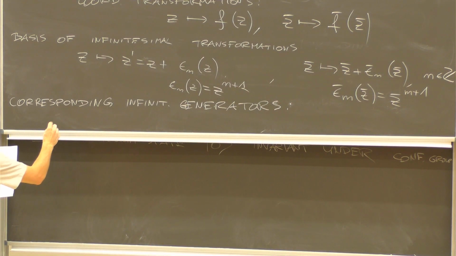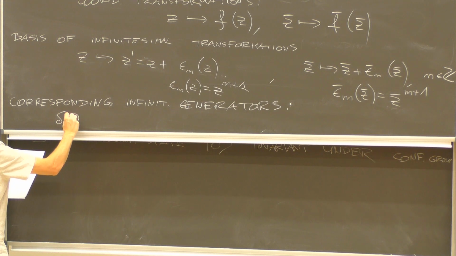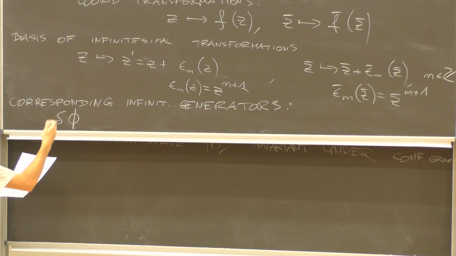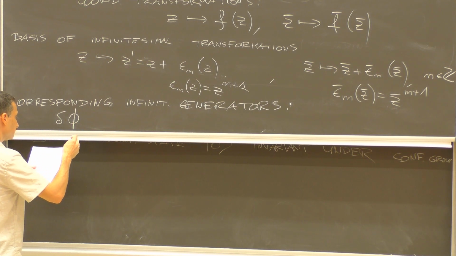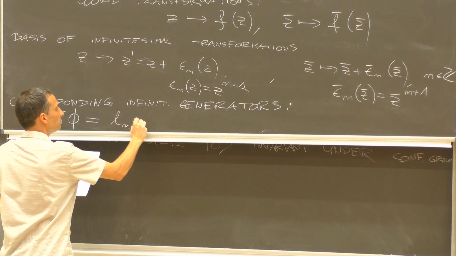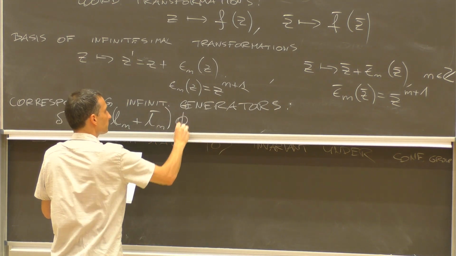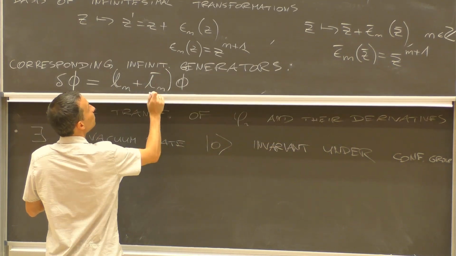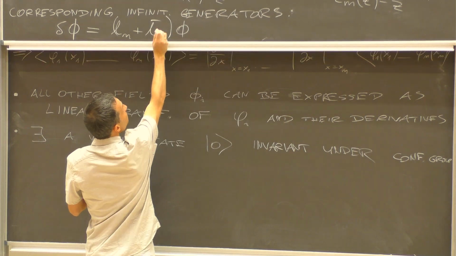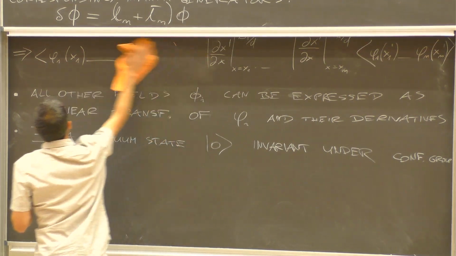By this again, I mean that if you have some field and you make some of these transformations, then you would like to see a change of the field as written in the following form. And these Ln's, Ln bar's correspond to those epsilon n or epsilon bar.